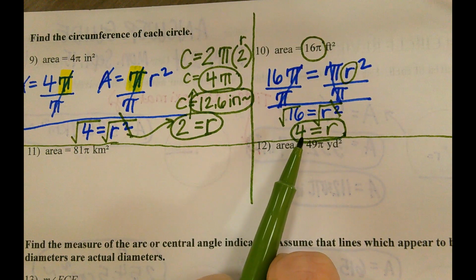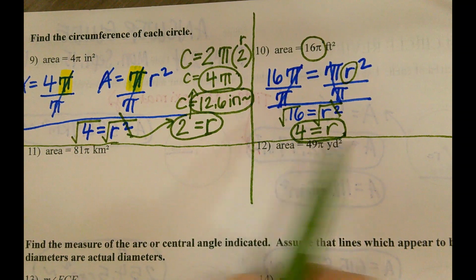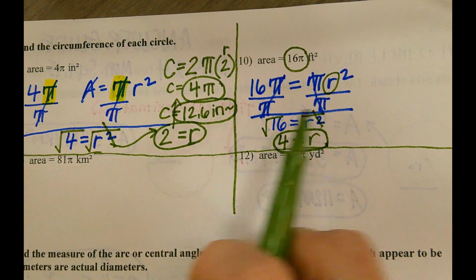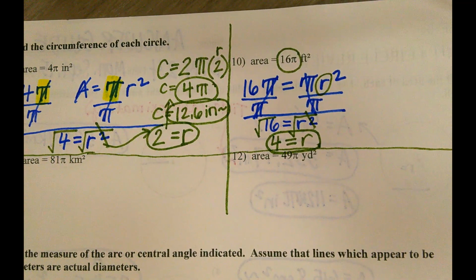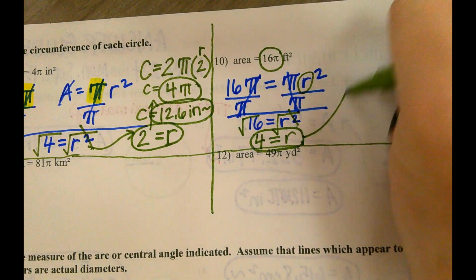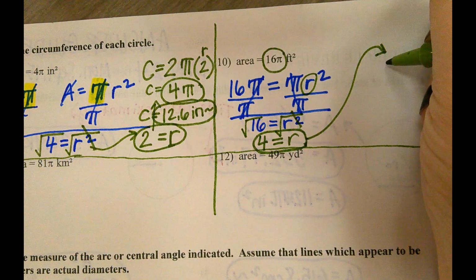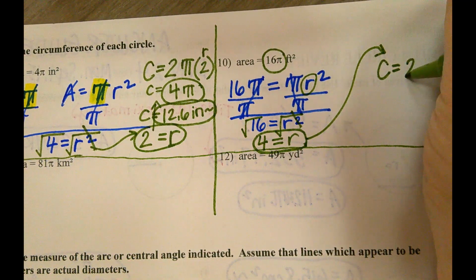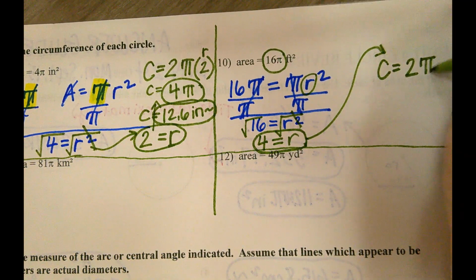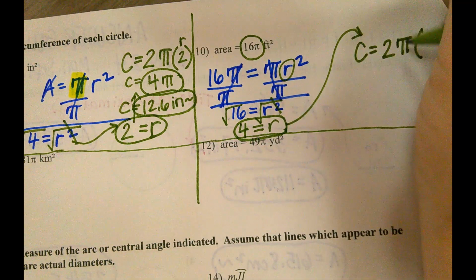So now that I know my radius is 4, how can I find circumference? 2 times pi times radius. Yes, circumference equals 2 times pi times my radius, which we just found is 4.